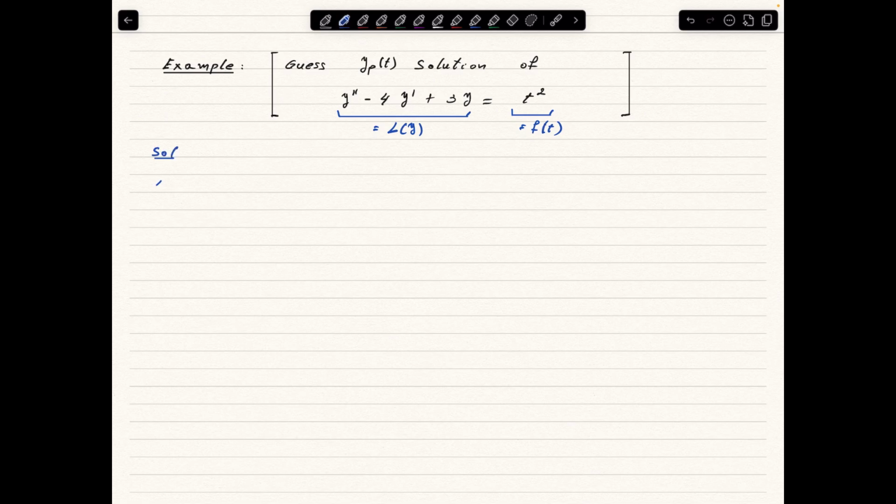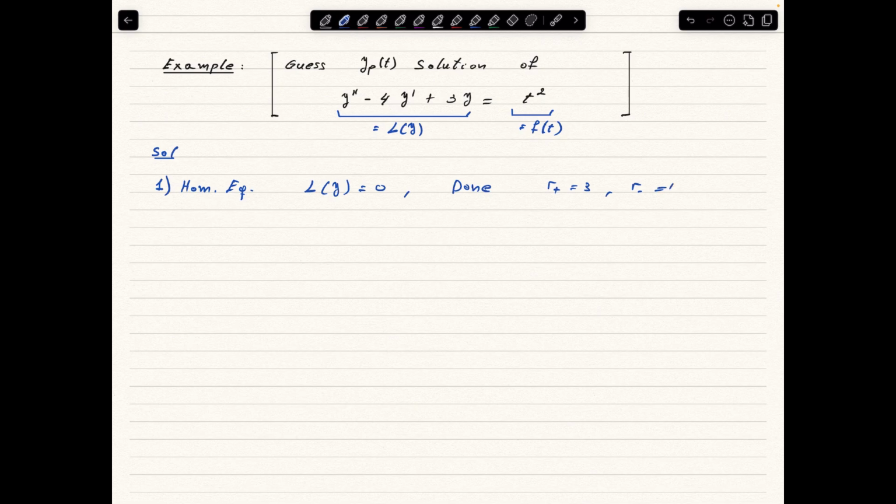Solution. Well, we start with the homogeneous equation as usual. We know the homogeneous equation is L of y equals 0, but this is already done. In the first example, we know that r plus is 3, r minus is 1.